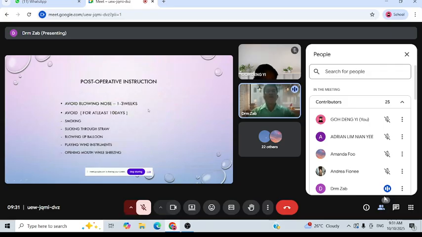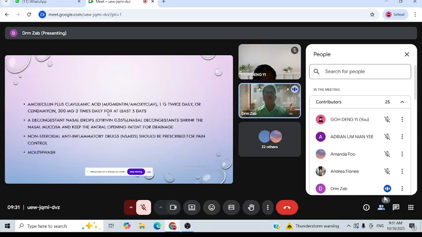The last slide. Post-op instructions are very important. All these things need to be stressed to the patient. You need to inform the patient again and again. They have to follow the instructions, otherwise your flap will fail.